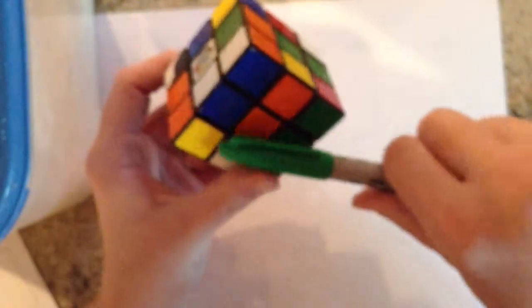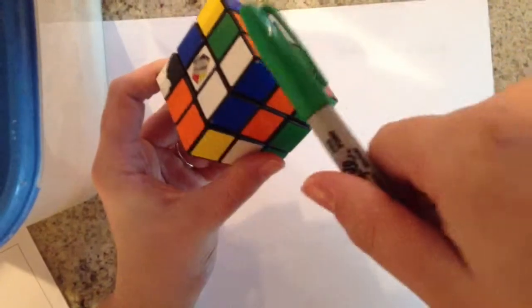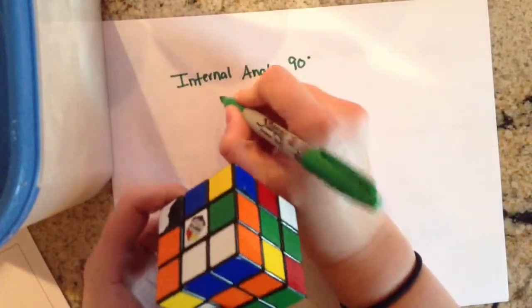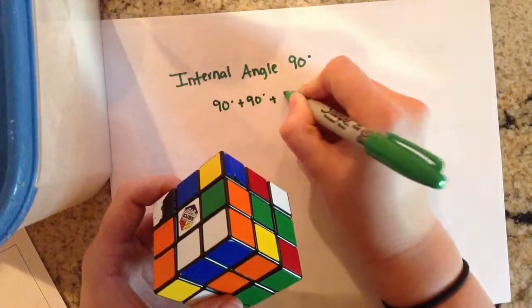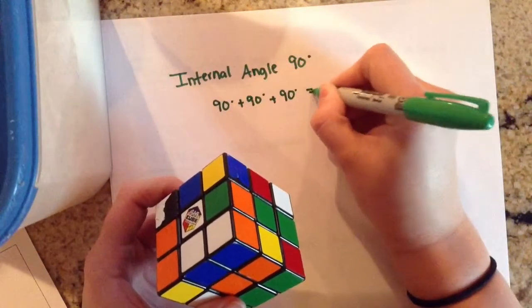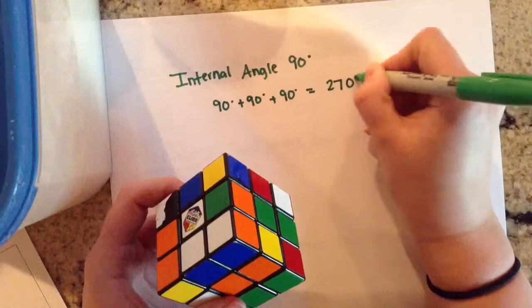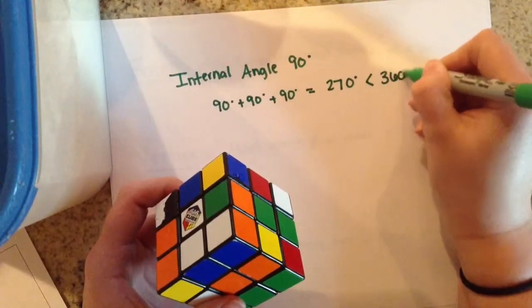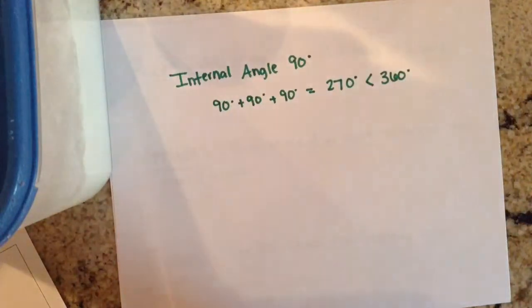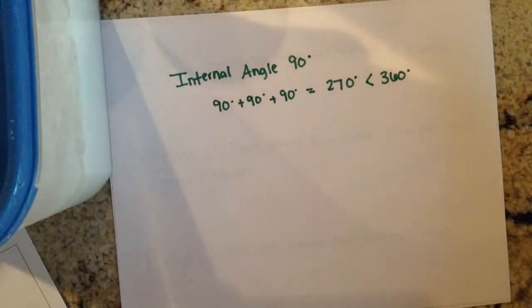To be a Platonic solid, 3 faces have to meet at a vertex. So we're going to have 90 degrees for one face, plus 90 degrees for the next, plus another 90 degrees, which equals 270 degrees. 270 degrees is less than 360, so this is why this works for a Platonic solid. Let's look at the other ones.